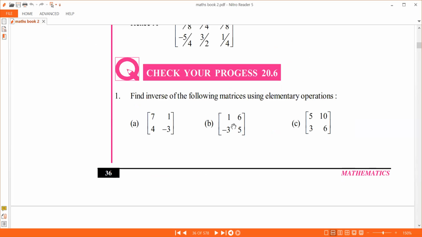Now the matrix A is 1, 6, minus 3, 5. We've got to solve this.